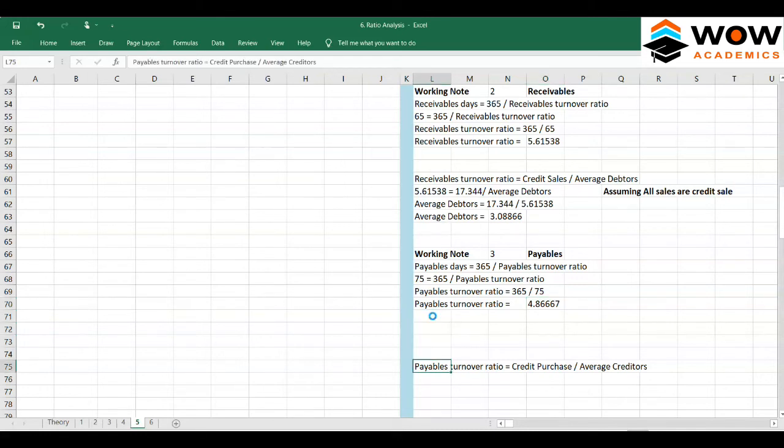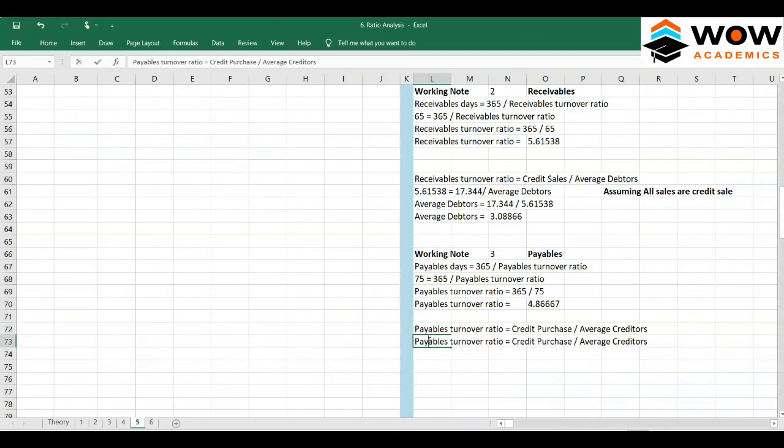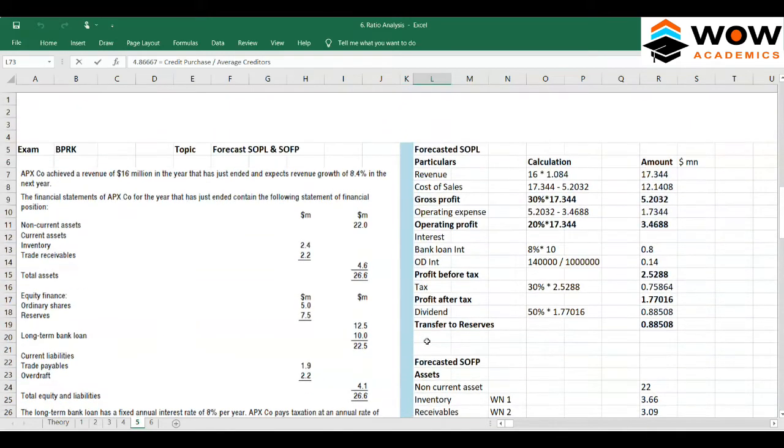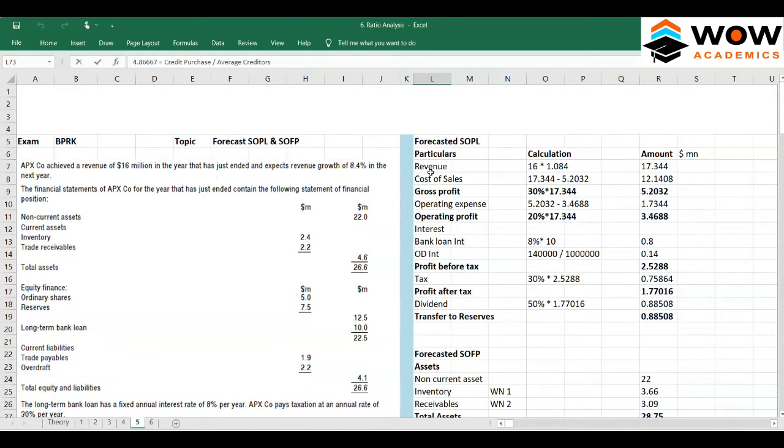So let's get the other ratio. We have to get a number for credit purchase. We do not have anything for credit purchase, so we'll take the cost of sales number. It is 12.1408.